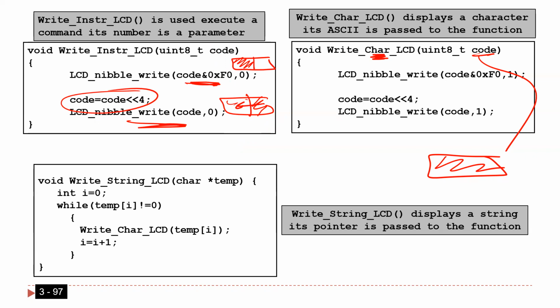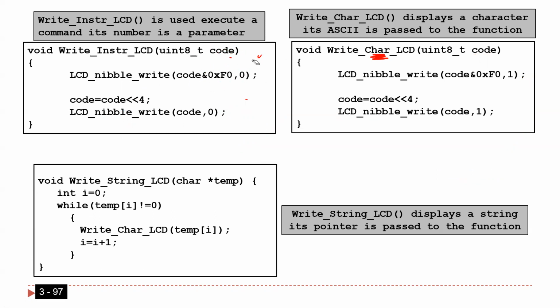You got what I'm saying? So first, you give me the code. I'm going to mask it, keep the most significant nibble, and send it to the function. Also, I have to send 0 because 0 tells the function this is for a command.